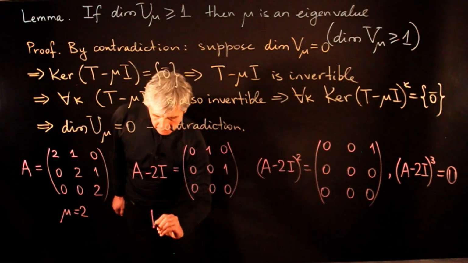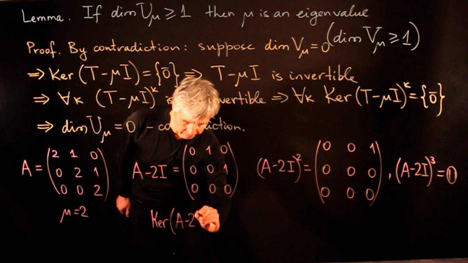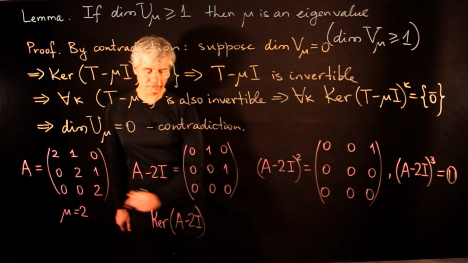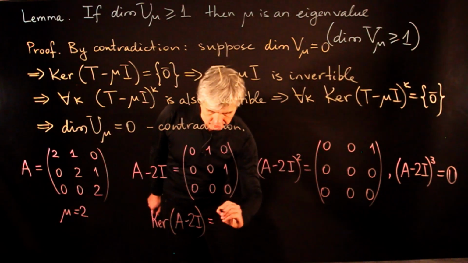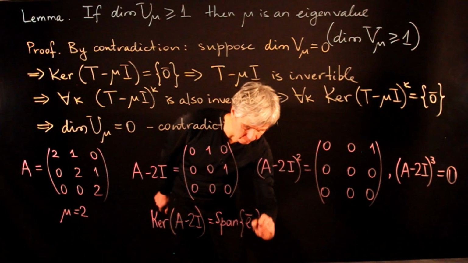Now, this tells us that the kernel of A minus 2I, which is the eigenspace corresponding to eigenvalue mu equals 2, is the span of the first basis vector.